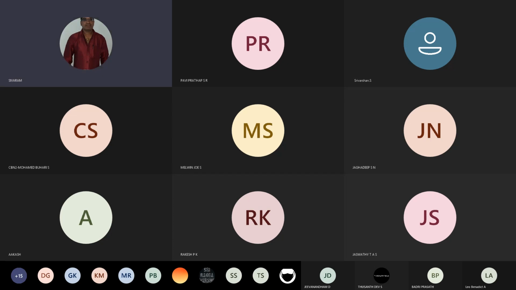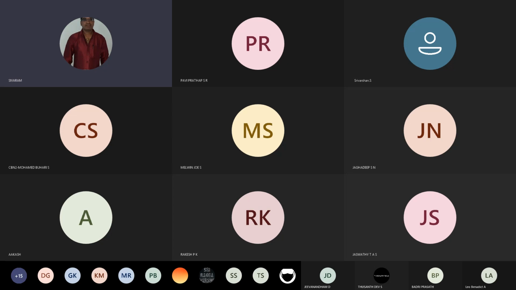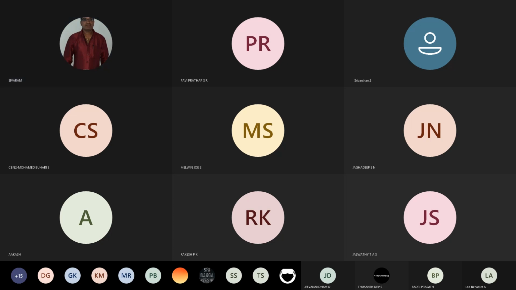And next, what does this embryo sac consist of? An embryo sac, a mature female gametophyte, is described as a 7-celled 8-nucleate structure.